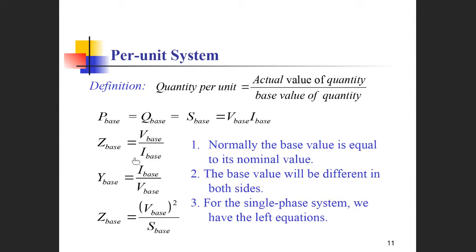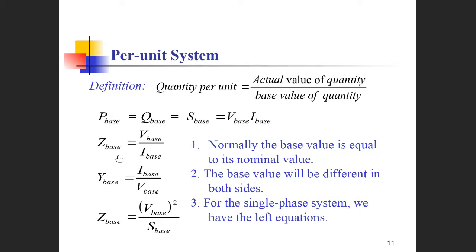They are different. The primary base impedance is the primary rated voltage over the primary rated current. The base impedance is also the primary base voltage squared over the total rated power.